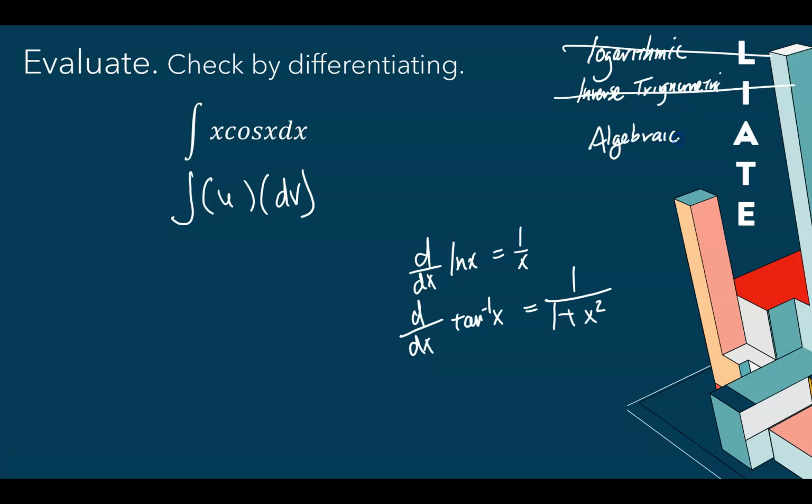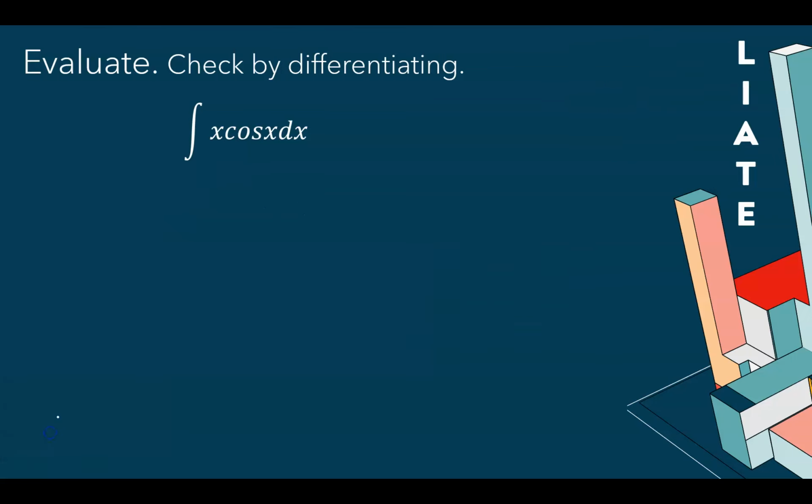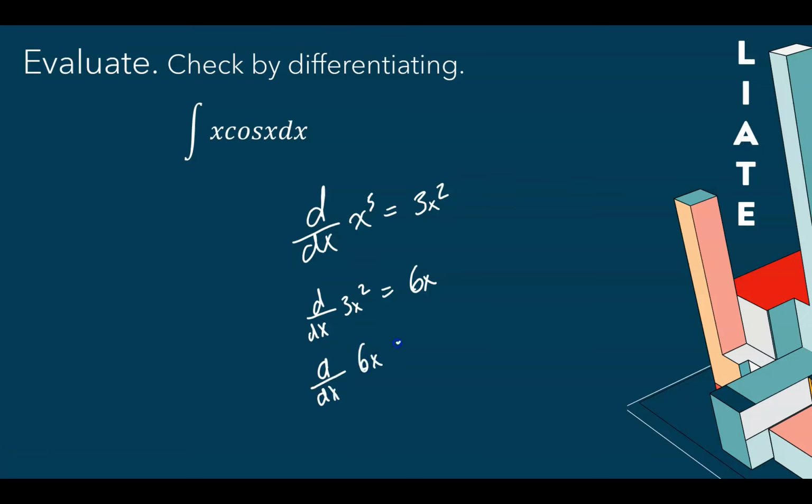Now, algebraic functions get simpler as you take derivatives. The derivative, let's say, of x cubed is 3x squared. And then maybe you have to do it again. The derivative of 3x squared is 6x. Ooh, this is getting simpler. The derivative of 6x is 6. And so sometimes with integration by parts, you'll have to do it multiple times.